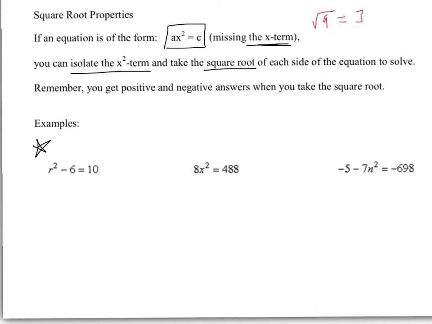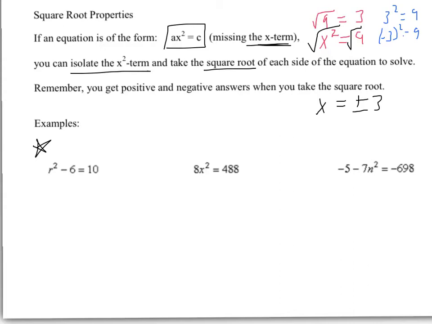However, if I ask the question, what squared gives you 9, there are two possibilities. 3 squared gives me 9, but also negative 3 squared gives me 9. So when we undo the root to solve for that variable, we have to say x equals a plus or a minus 3, representing two possibilities.